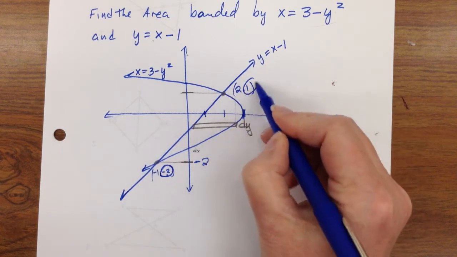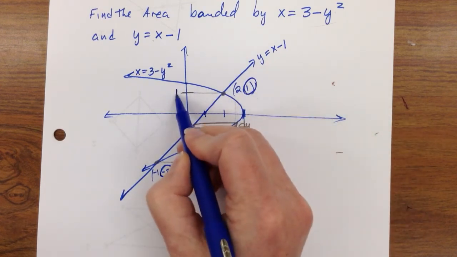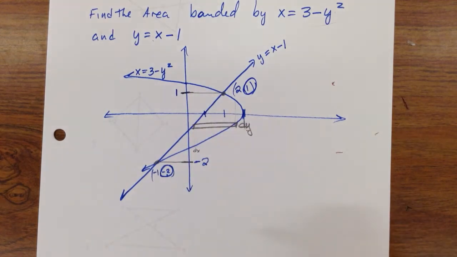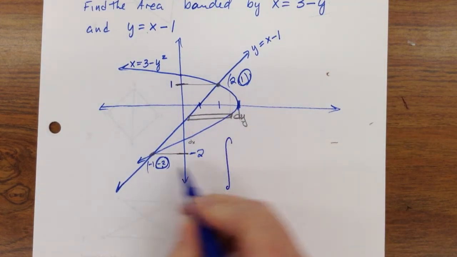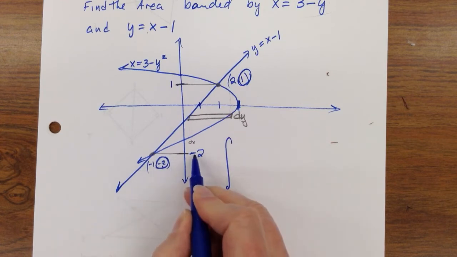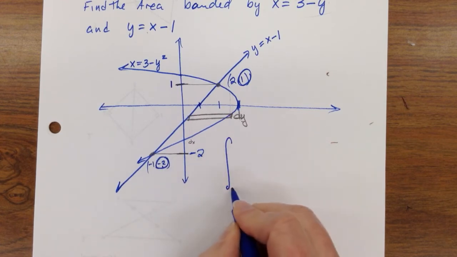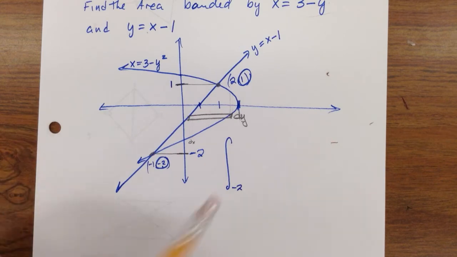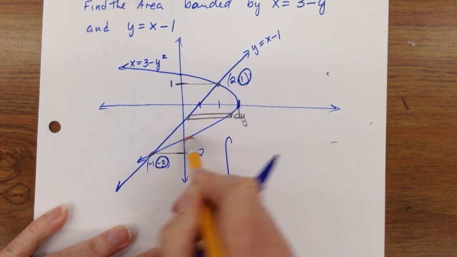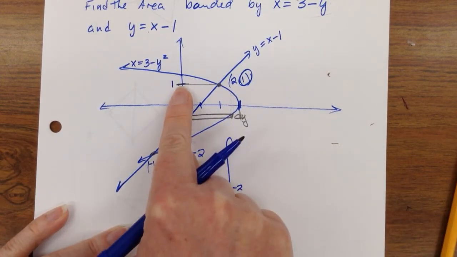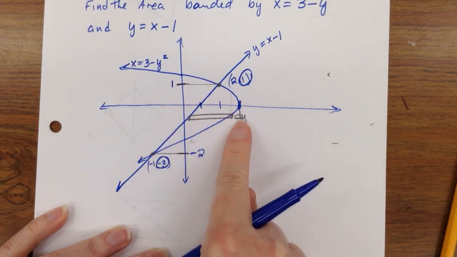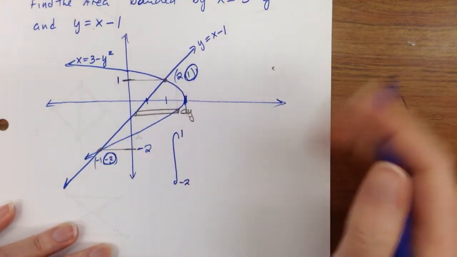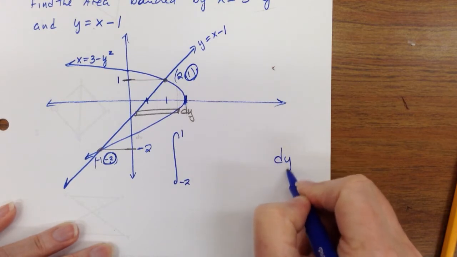It is the y-coordinate of 1 that becomes my limit of integration. We will integrate from -2 on the y-axis. Get rid of that dx in there. I erased those. All the way to 1 on the y-axis with respect to y.